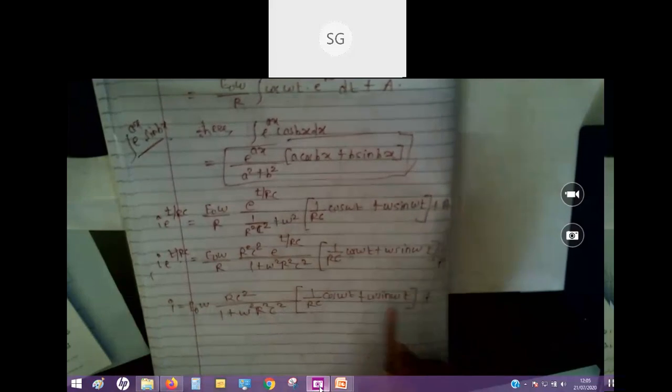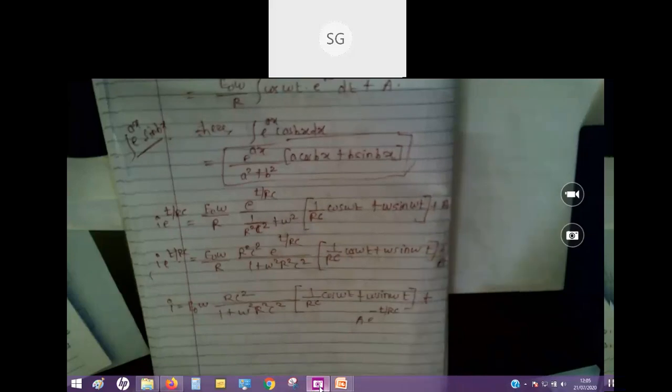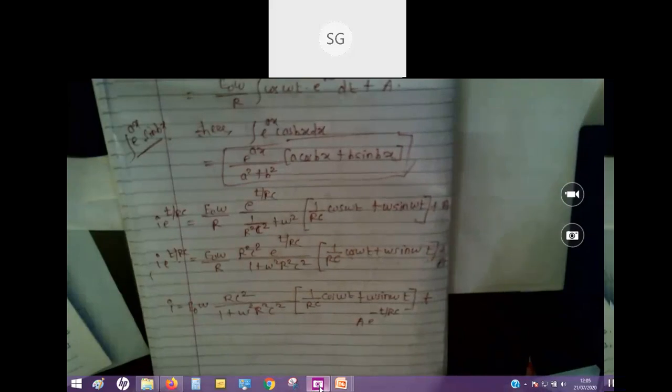Plus, since we are dividing both sides, a into e raised to minus t by rc will be there.